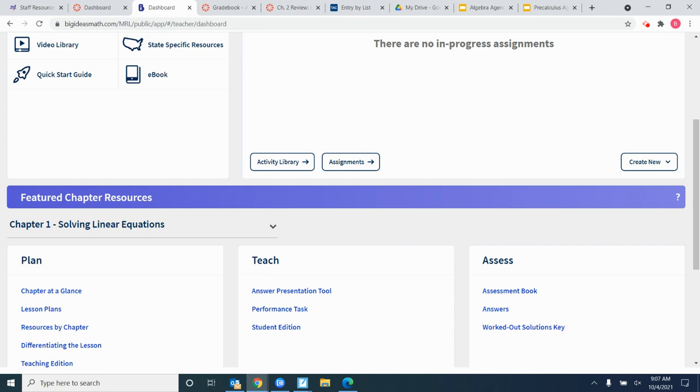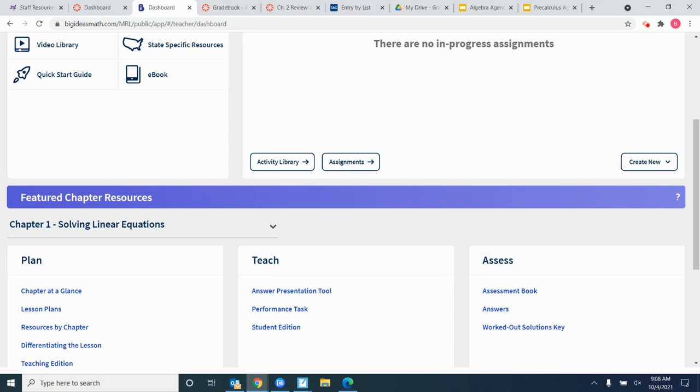Find it. It's right there. You have to scroll down a little bit to get to it.